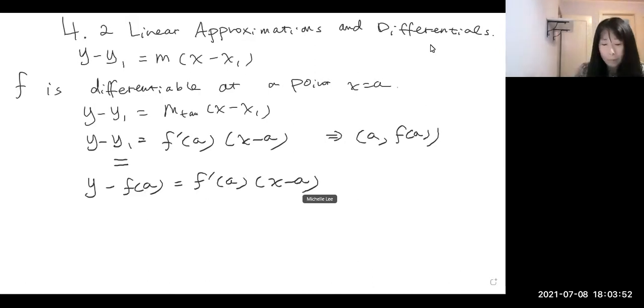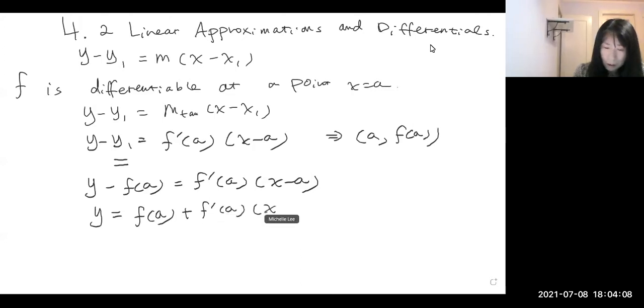Then look, we can move f of a to the other side. Then we have y equal to f of a, putting it in front, plus f prime of a times x minus a. Okay.